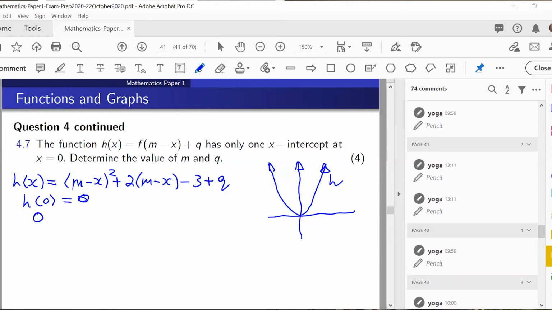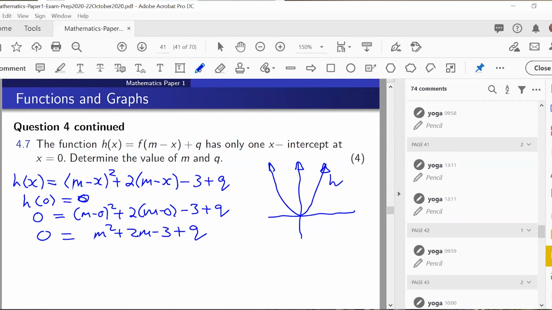So 0 equals m minus 0 squared plus 2 times m minus 0 minus 3 plus q, and when we simplify, we get m squared plus 2m minus 3 plus q.